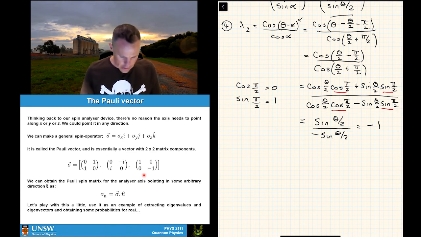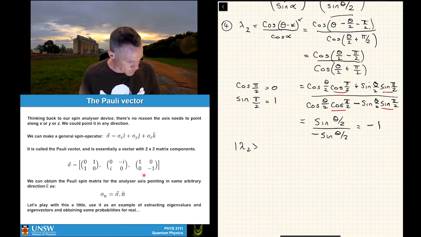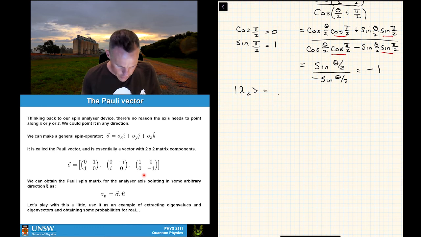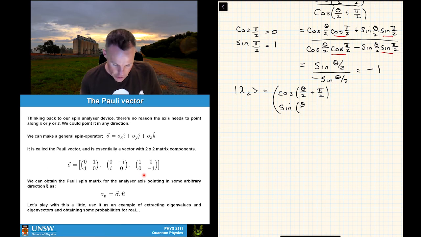And then the last step in here would be to get lambda 2, the eigenvector. And so it will be cos theta on 2 plus pi on 2, sine theta on 2 plus pi on 2.